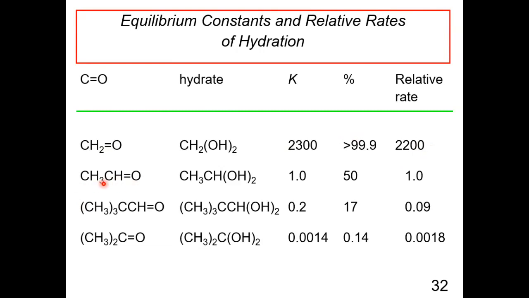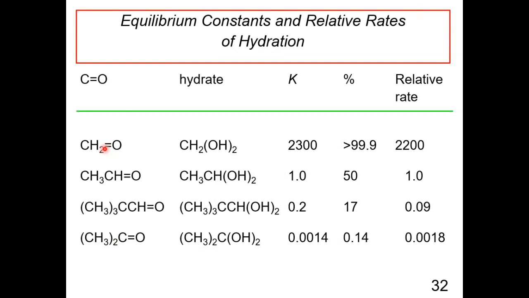For a regular aldehyde, the equilibrium is highly reversible, the two sides are very similar, and the equilibrium constant is about 1. For a ketone, the equilibrium doesn't favor hydration; it favors the carbonyl group itself, because this carbonyl is the most stable, best stabilized, and least electrophilic, and this carbonyl is the least stable of the ones we show here, and most electrophilic.